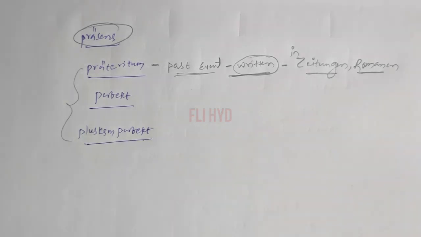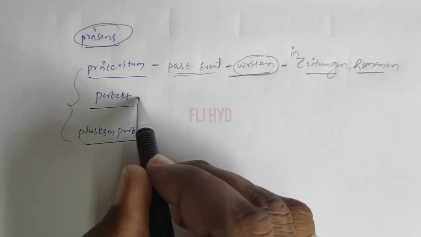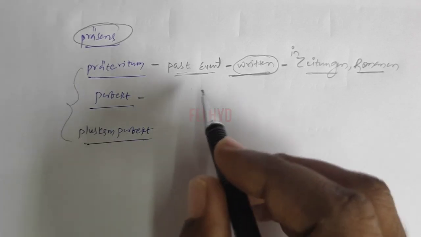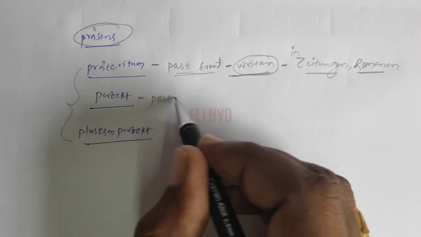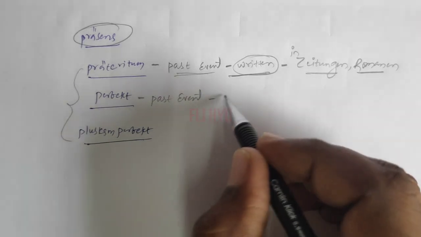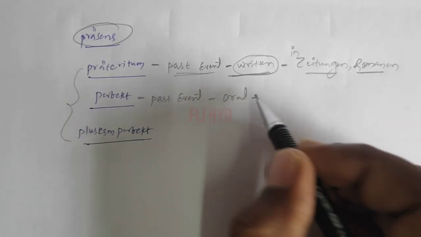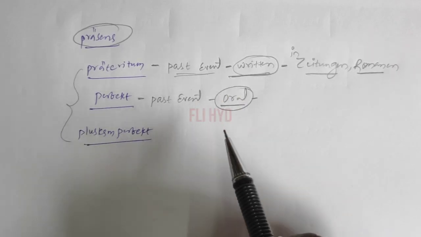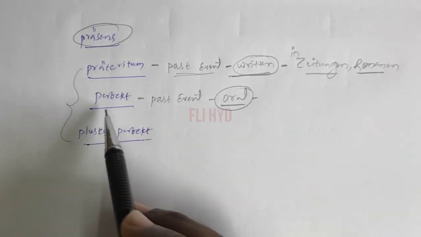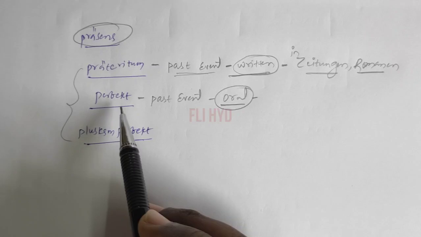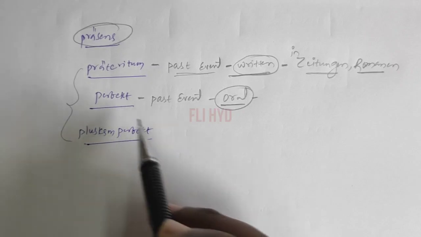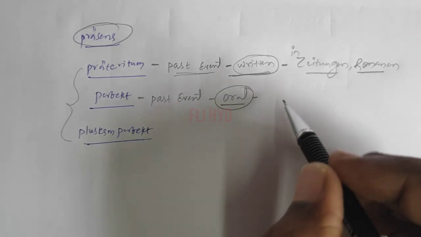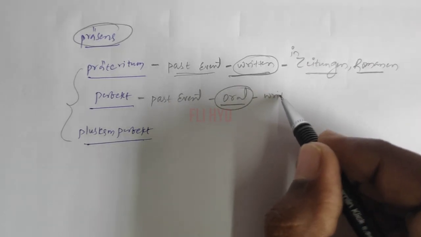Clear? Next one, Perfekt. Perfekt is also talking about a past event, but it is mündlich, oral. If you're talking about a past event orally, then we use present perfect. Clear? And present perfect can also be used in the written part.